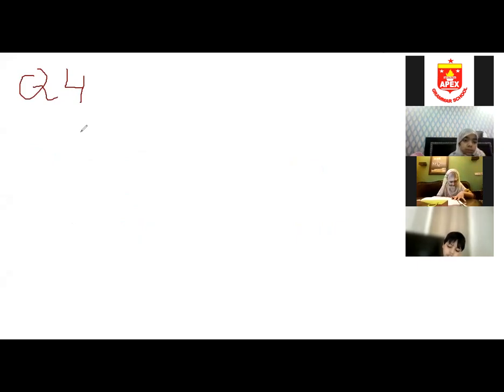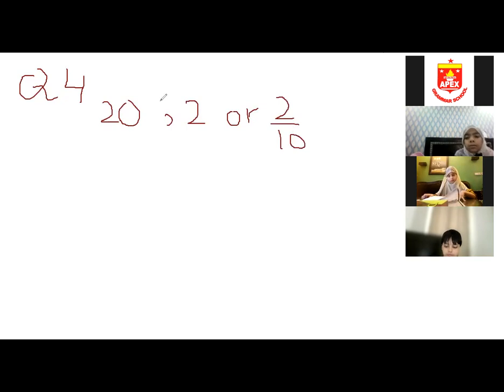Choose from 20, 2 or 2 by 10. We have to answer the questions by using these 3 values, okay. So my A part is 12.4.